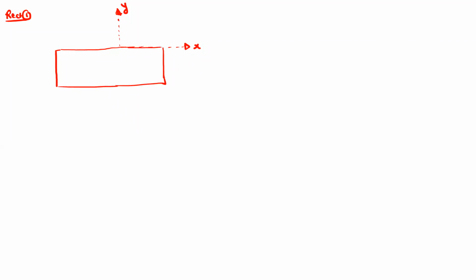So this is the rectangle 1, and this is the origin. So rectangle 1 has the dimension. This total is 22 centimeter, and this height is equal to 8 centimeter. For the rectangle, we know the location of center of gravity. It is exactly at the geometrical center. So this is the position of the center of gravity or the centroid. So this is G1. We need to find out the distance of G1 with respect to the origin. So this is the X coordinate.